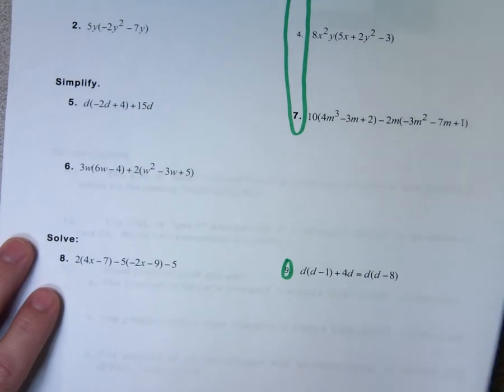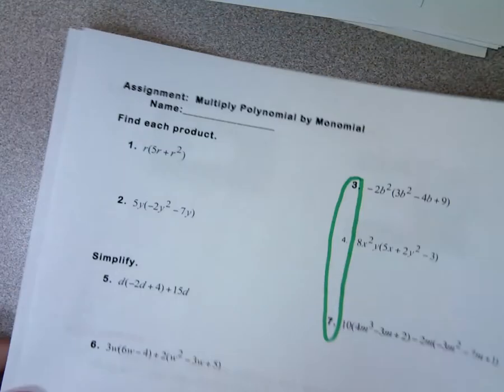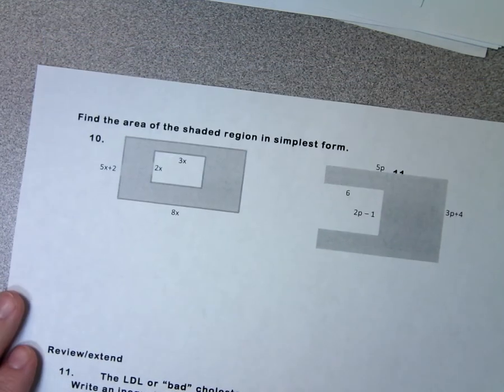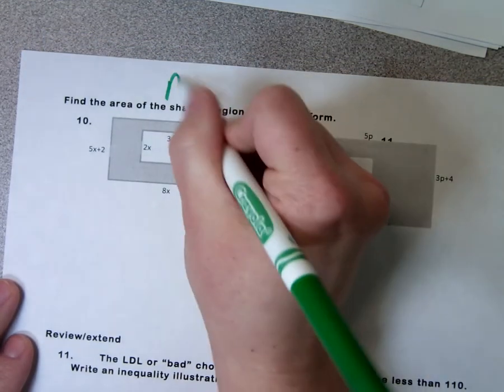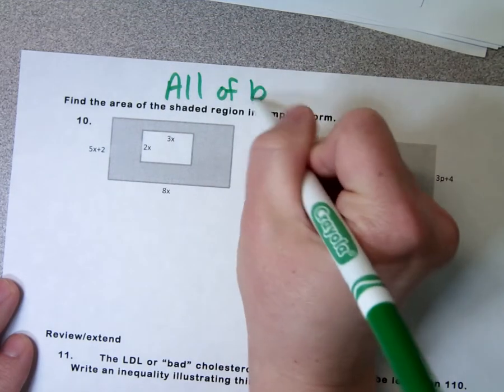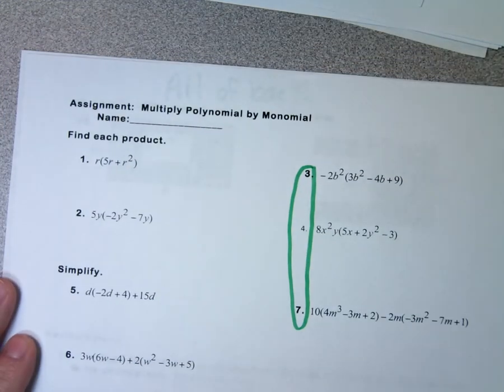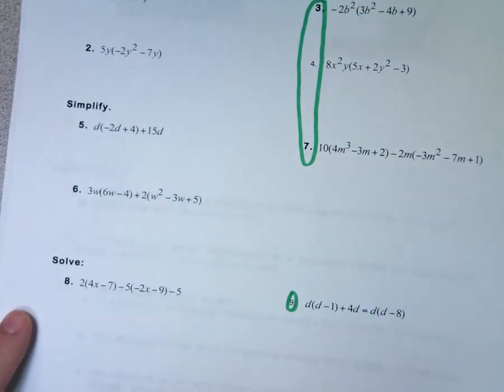And then the back page, I'm going to have you do this whole back page. So all of the back, and on the front page, we're going to do the 3, 4, 7, and 9.